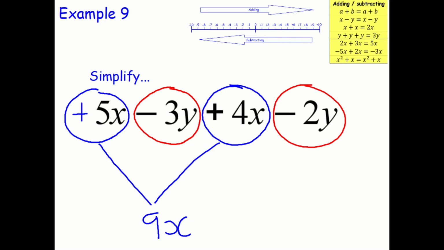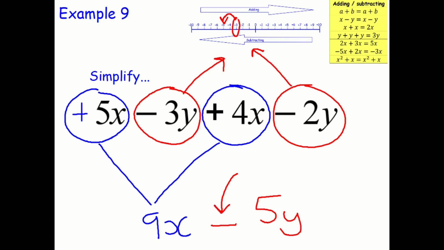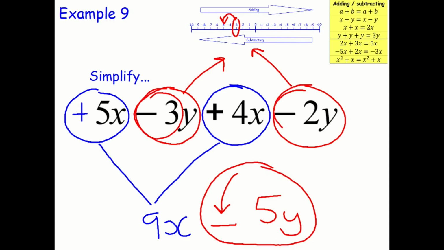And if I look at my number line and I do minus 3 minus another 2, it takes me to minus 5y. And can you see that the sign that I've put in the middle there is because the y is minus. Because I've got it from doing minus 3 minus 2, which gets me to minus 5. So your final answer is 9x minus 5y.